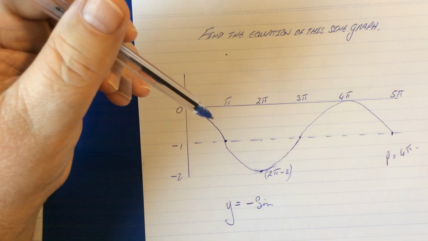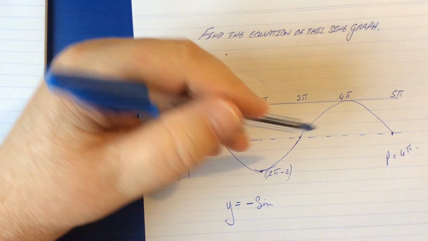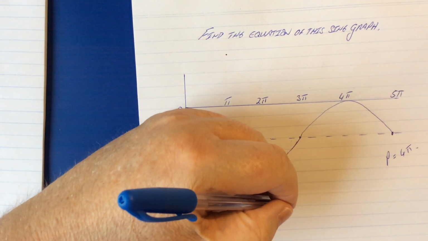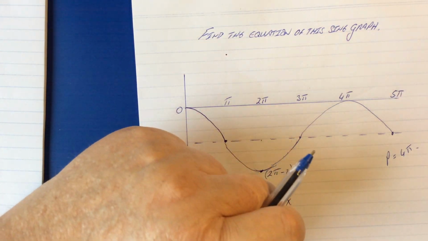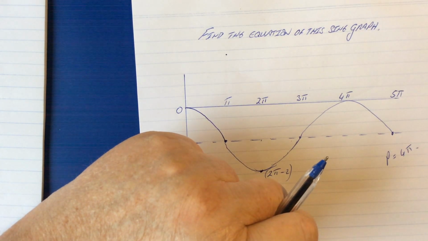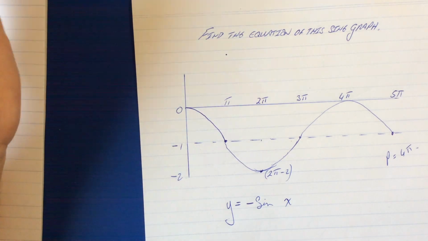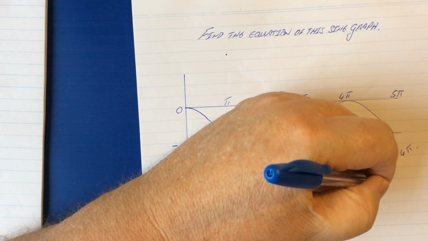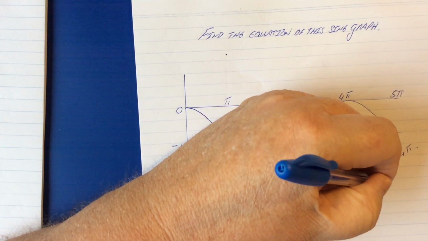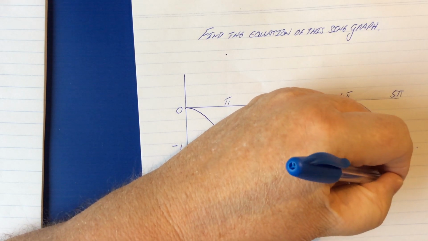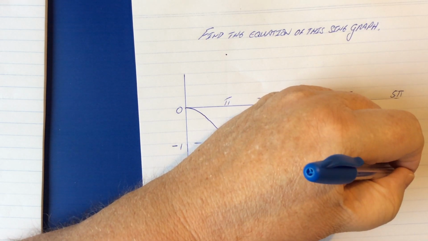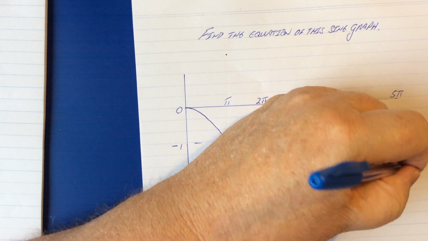Now, we know that the period is 4 pi. And so there is a number that goes in here to reflect that change from y equals sine of x. So I'll just work out that number. Now, the period of a sine graph is 2 pi on n, and in this case that equals 4 pi.